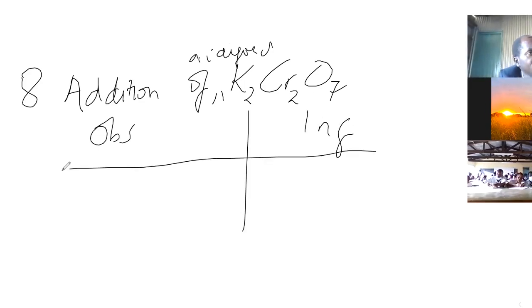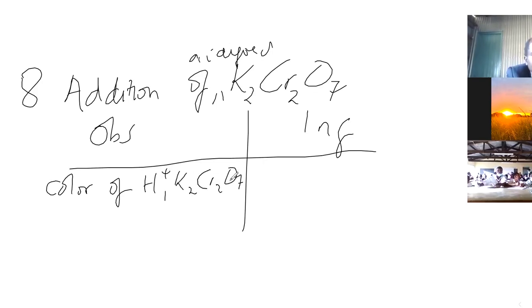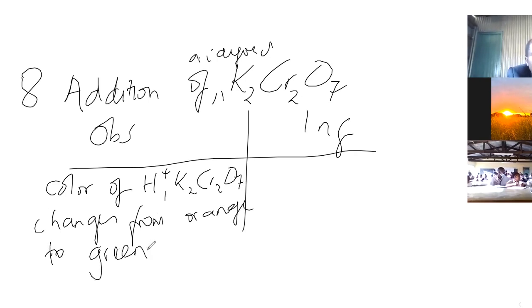Color of potassium dichromate 6 changes from orange to green. The inference is simply here ROH present.